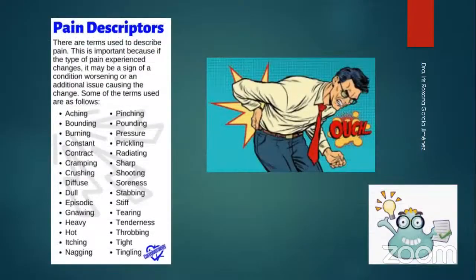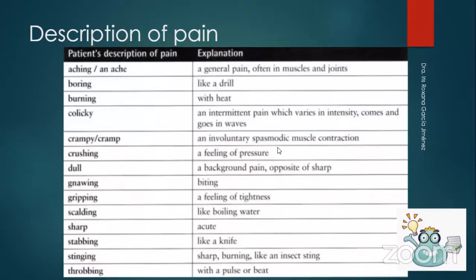As extra words, I'm adding this list where some of the terms that are in the chart are repeated here, but then you get more details, for example, constant or itching or nagging. So practice on this, but the chart that is going to be in the final test is this one, okay?